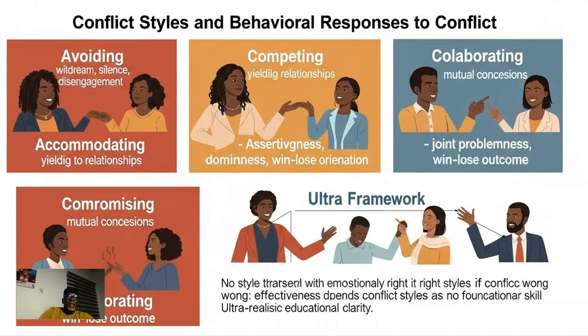Accommodating is the conflict style where individuals prioritize the needs and concerns of others over their own. Accommodators are willing to give in to maintain harmony and even avoid conflict. So this style is effective in situations where preserving relationships is more important than winning.